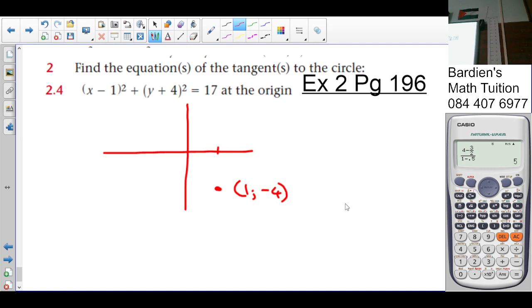The square root of 16 is 4. So the square root of 17 is 4 comma something. So from the center to this point here is 4. So the root of 17 is a bit higher than that. So they're talking about the center. Find the equation of the tangent to the circle at the origin. So this is what they're talking about. This is the tangent they're talking about.